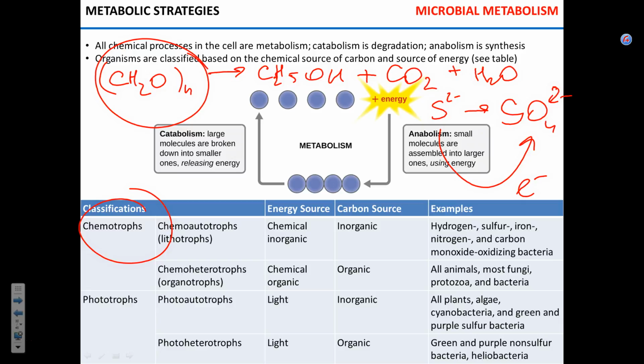Even photosynthesis. If you don't remember photosynthesis, I will remind you. The first thing in photosynthetic reactions, light hits the electrons and energizes them. And then those electrons go through the electron transport chain. That makes sense? So we can picture it this way. You have some chemicals in the beginning and chemicals in the end.